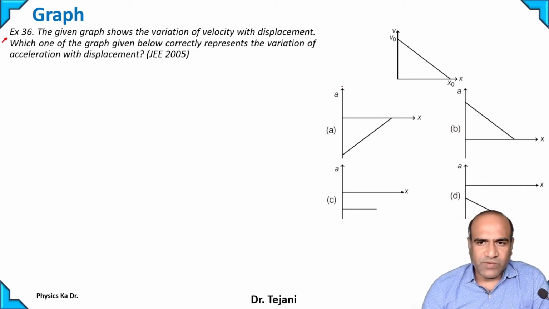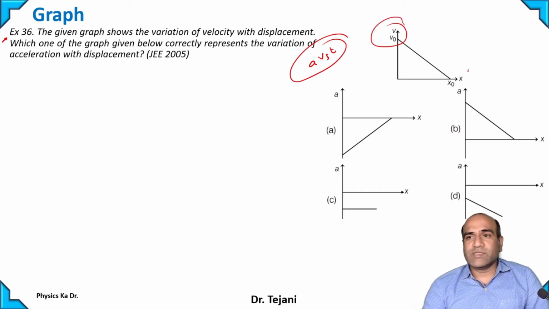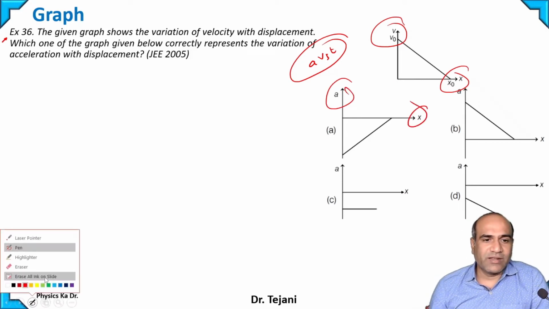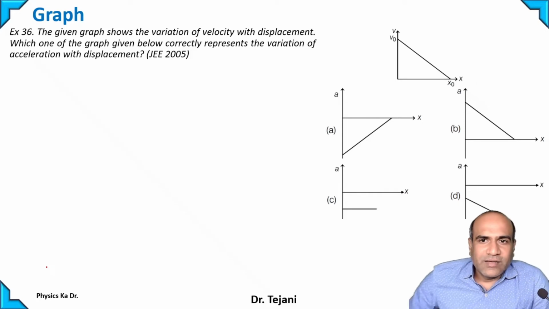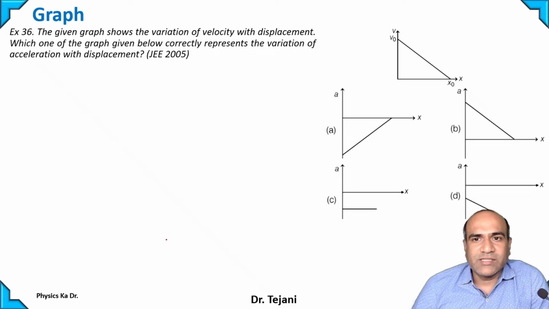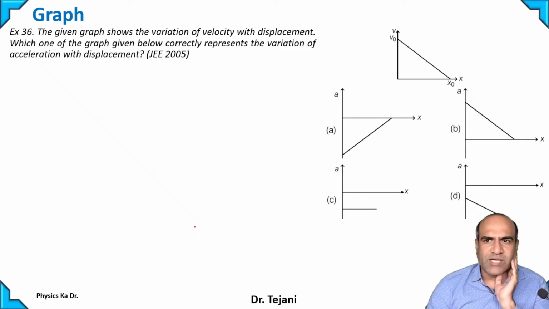Up to now we already have graphs of acceleration versus T, but this graph is velocity versus X and acceleration versus X. This is something different. Which one of the graphs given below correctly represents the variation of acceleration with displacement? JEE 2005, the question was asked.